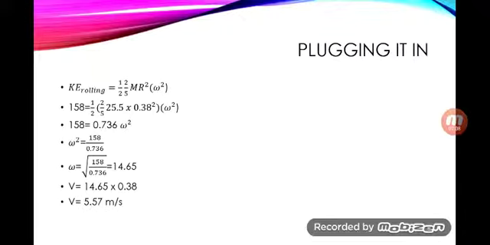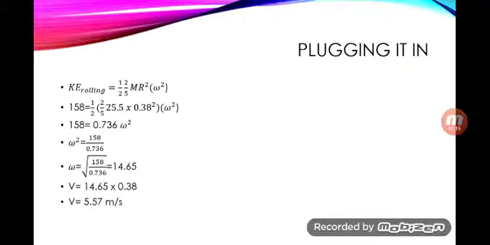So what we can do is plug that in: 1/2 times 2/5 m r squared times angular velocity squared.